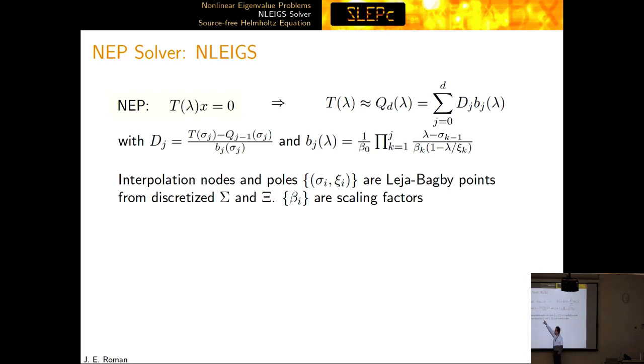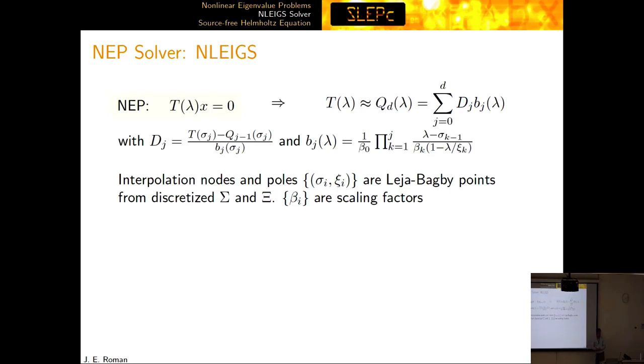One corresponds to the boundary of the domain, and the other corresponds to the singularity set of the function. Okay, so the main problem of this method is that you need to know where your function is singular. So you need to know a little bit about your T function.